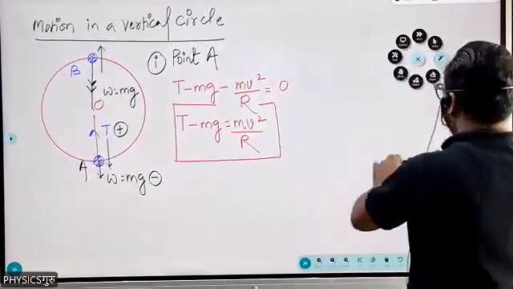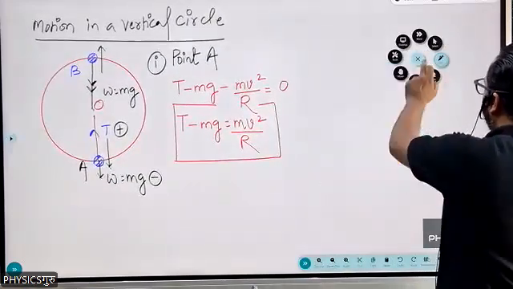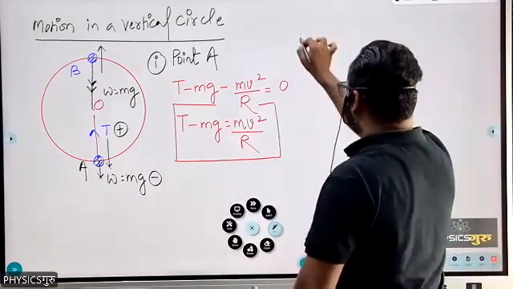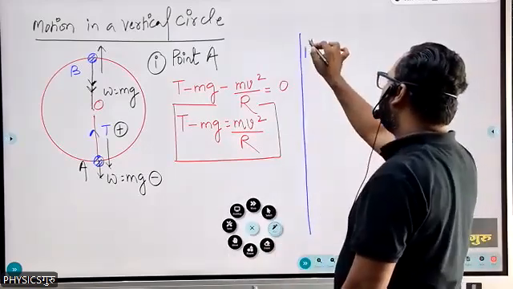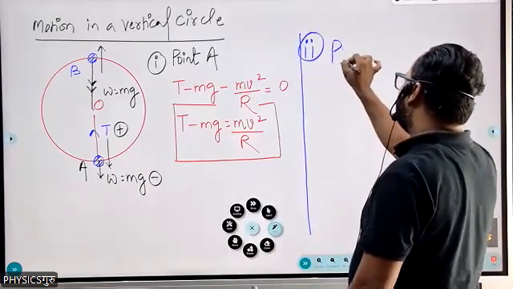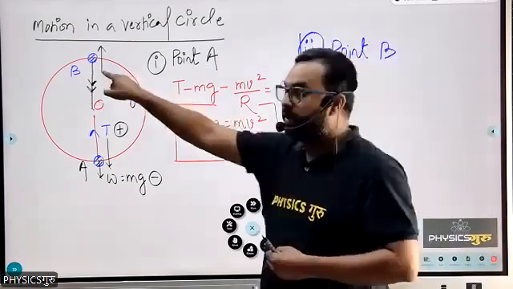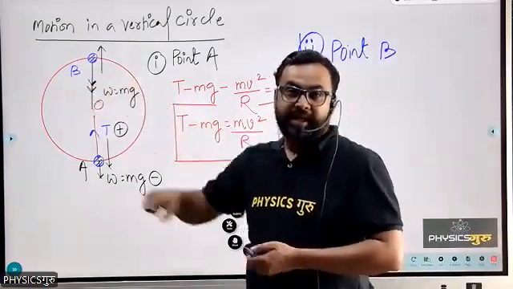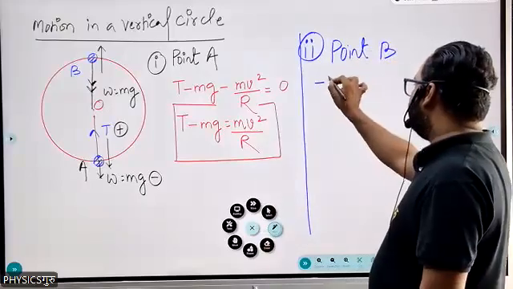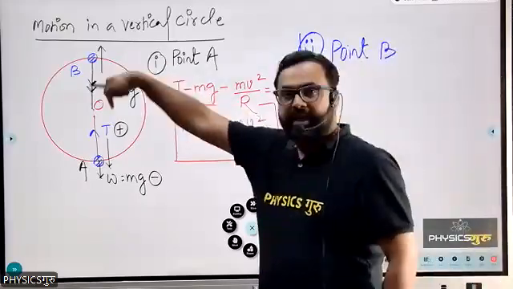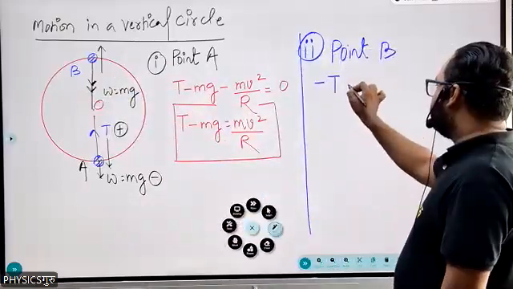So for point B, we're talking about this one. Tension is acting downward, so minus T. Weight is acting downward, so minus mg.